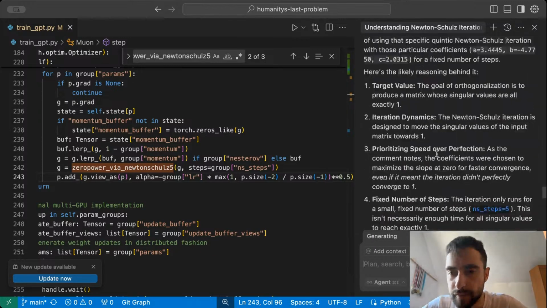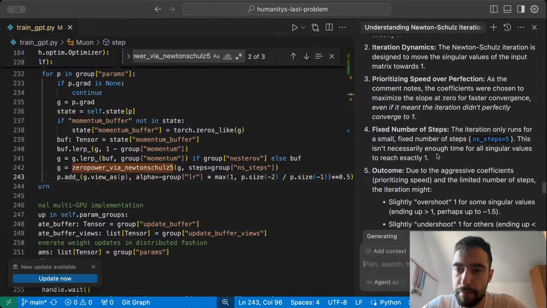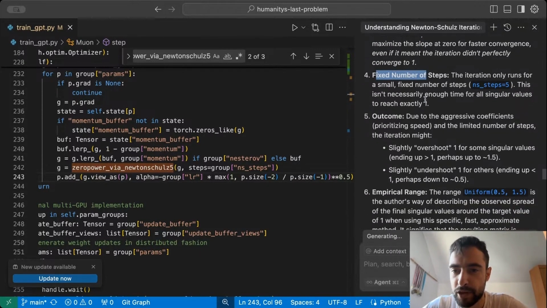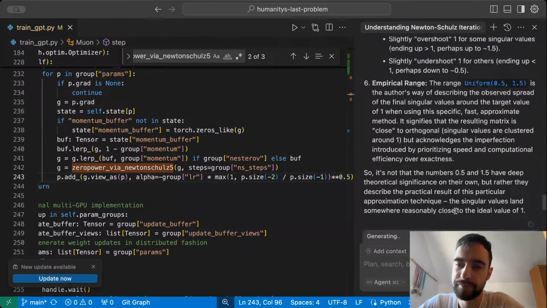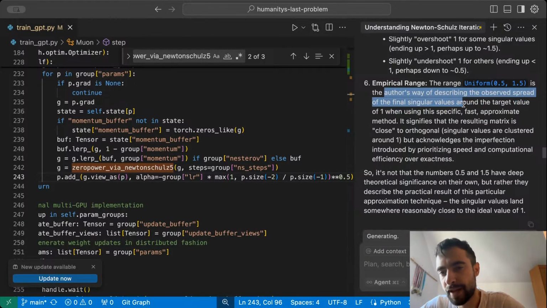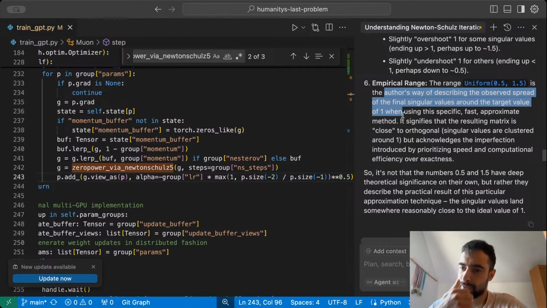Okay. Prioritizing speed over perfection, we know that. Fixed number of steps. Okay, that's all good. Empirical range. The range uniform between this is the author's way of describing the observed spread of final singular values around the target value of 1 when using this specific fast approximate.